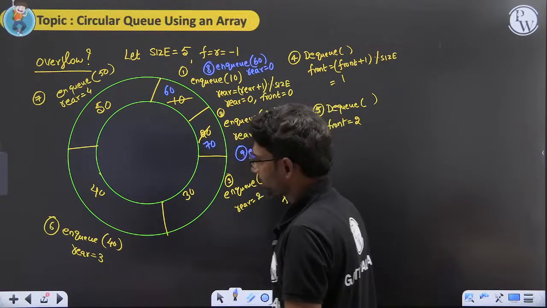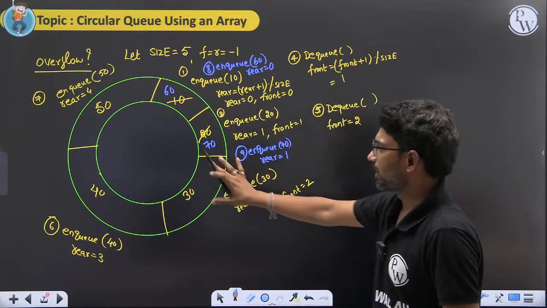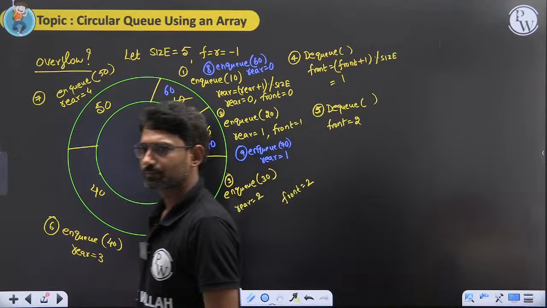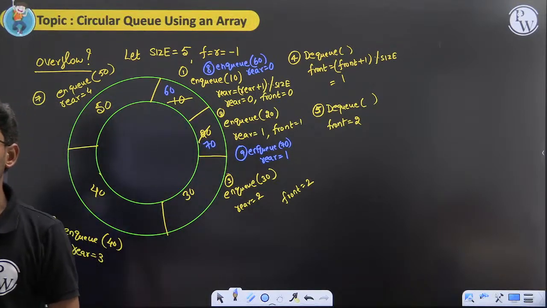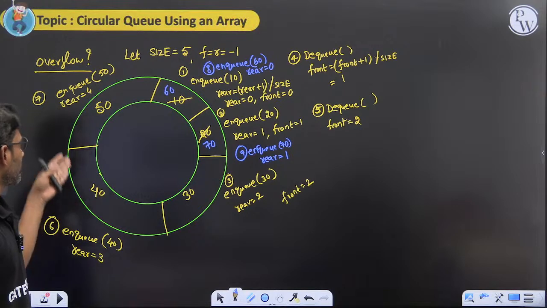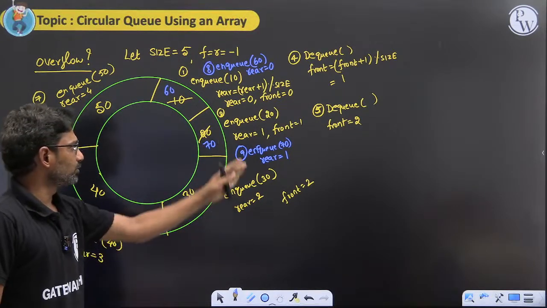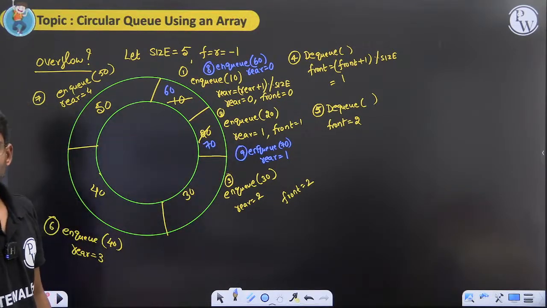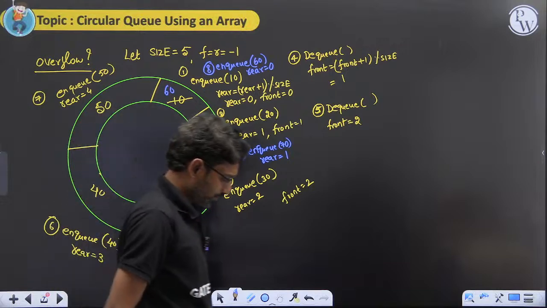Okay. Now guys, you tell me, is the queue full or not? I have 60, 70, 30, 40, 50, front is at 2, rear is at 1. Now the queue is full.